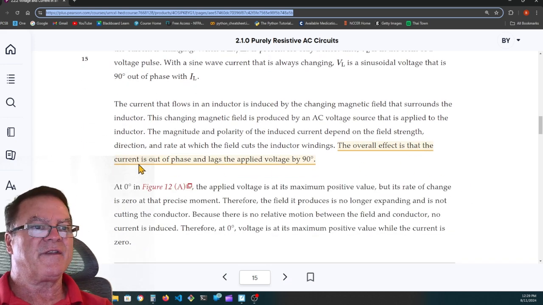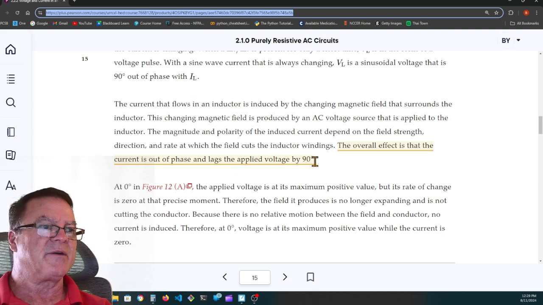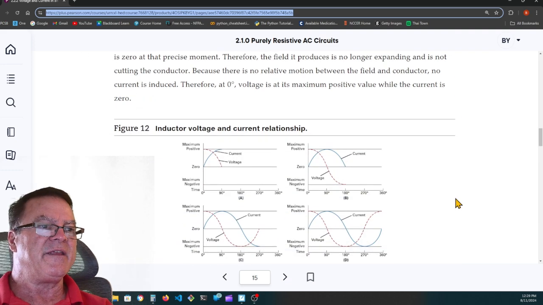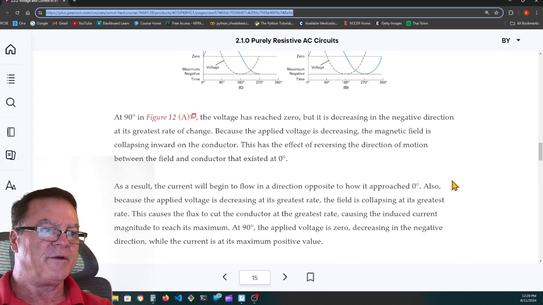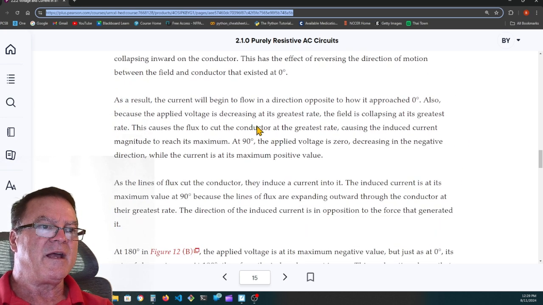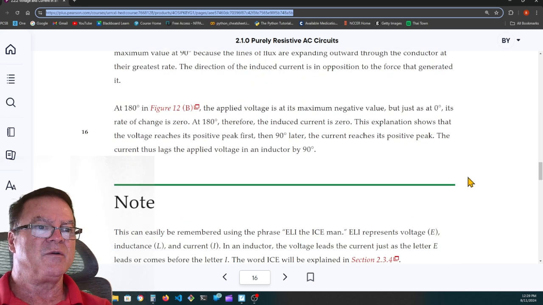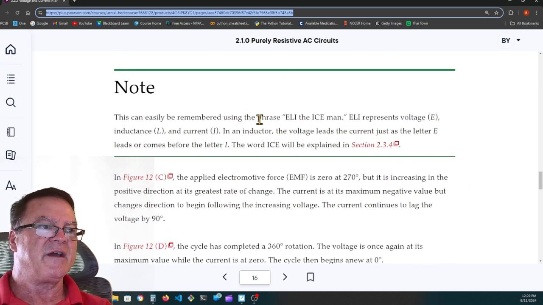The overall effect is that the current is out of phase and lags the applied voltage by 90 degrees. So we're going to talk about Eli the Iceman. All right, I'm going to draw this on the board. As a result, the current will begin to flow in the direction opposite to how it approaches 0. All right, here's Eli the Iceman.